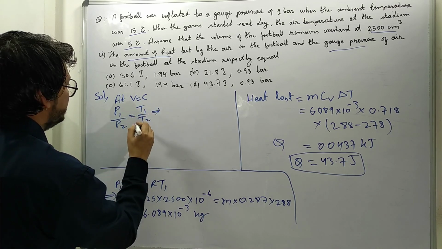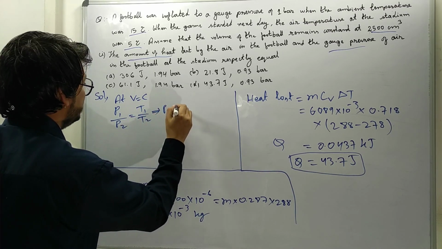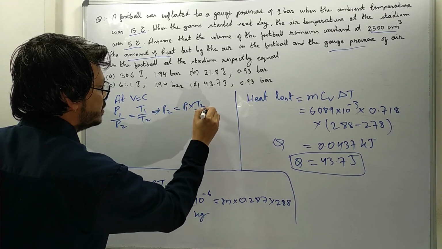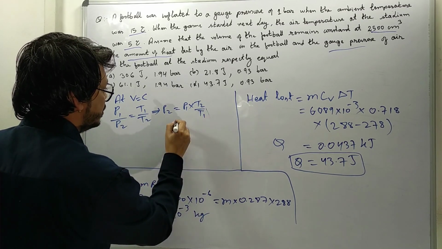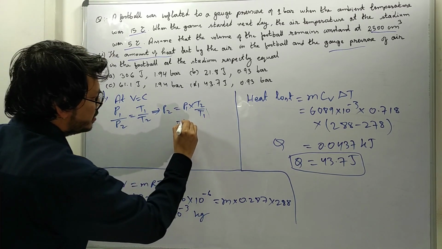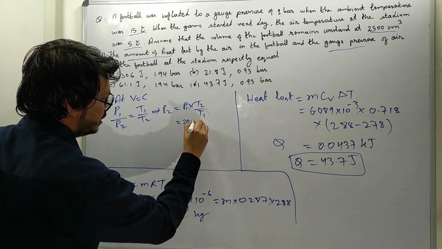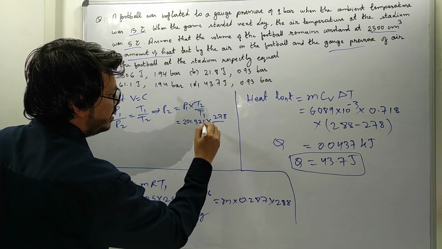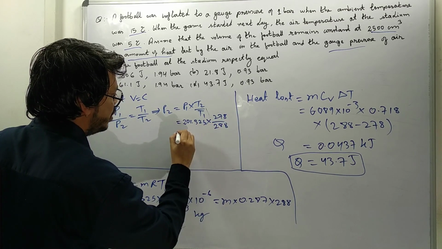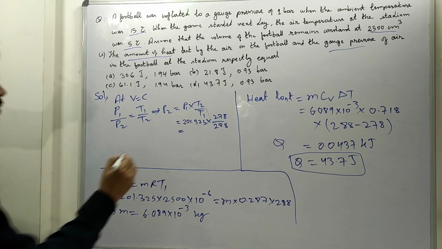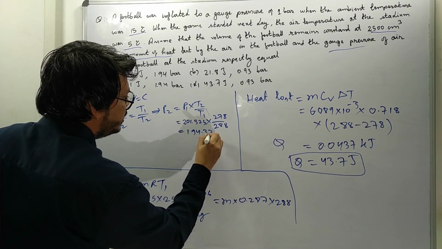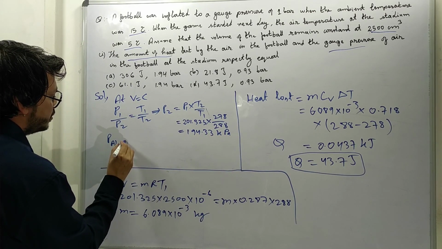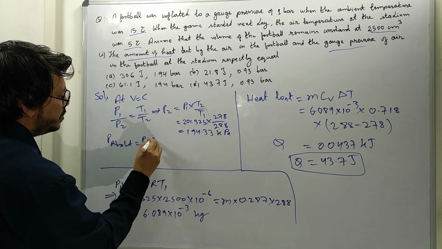This implies P2 is equal to P1 into T2 by T1, which is 201.325 into T2 we have 278 and T1 we have 288. On solving we get P2 as 194.33 kilopascal.